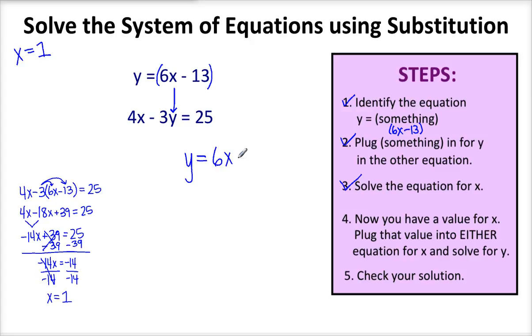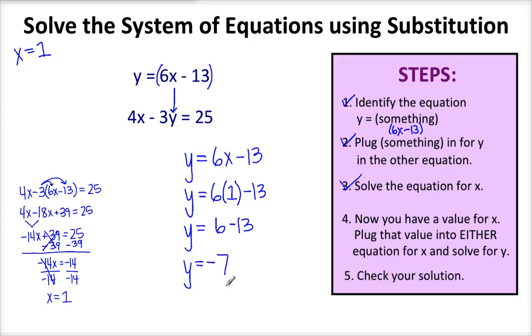So let's rewrite it and plug the value that I found back in for x. So substituting. So we have 6, and instead of an x, I'll write a 1. Always substitute using parentheses. And we are left with 6 times 1 is 6 minus 13. So y equals 6 minus 13 is negative 7.